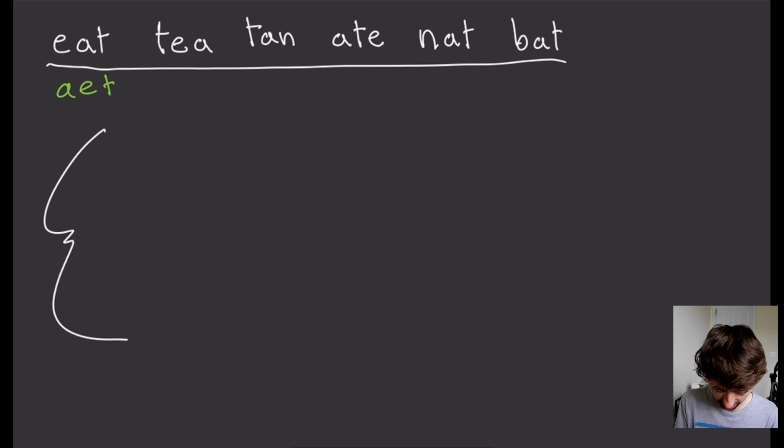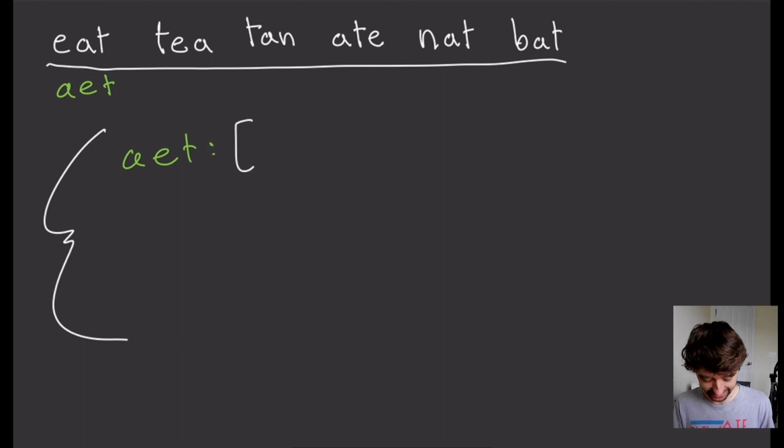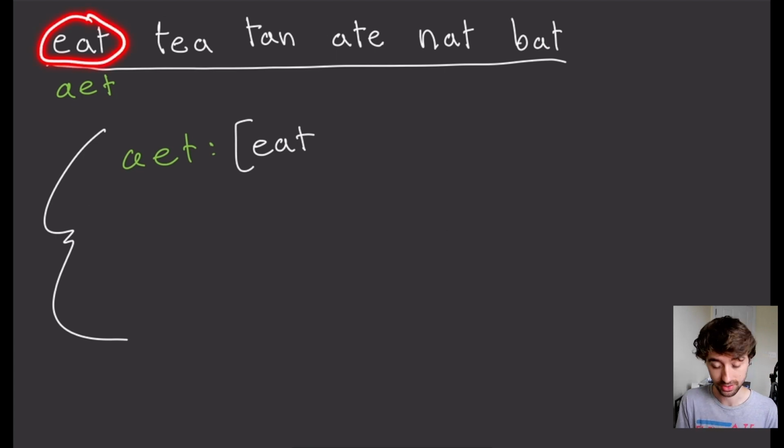And the dictionary is currently empty. So no, we haven't seen it. So we will add it to the dictionary. And for its value, we will make an array. So the key is AET, the value is an array. And to that array, we will add the original word, eat.